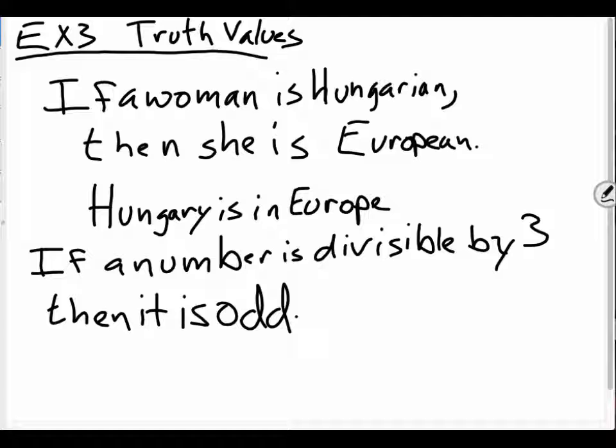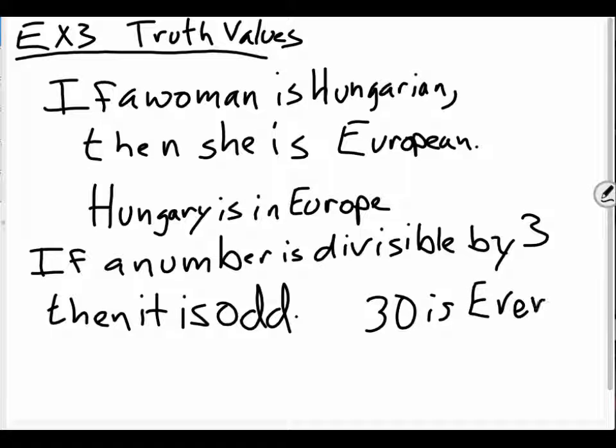So what would be a quick way to prove this true or false? Yes? Come up with something that makes it false, so 30. Yeah, but what's the fancy word for the one thing that makes it false? What's the fancy word we learned last time? Yes? Counterexample. Hey, is 30 divisible by 3? Yes. Yeah.